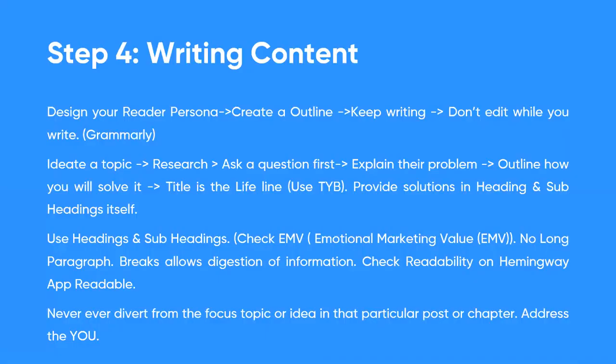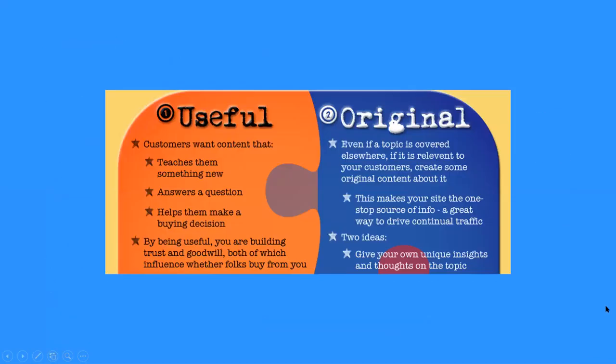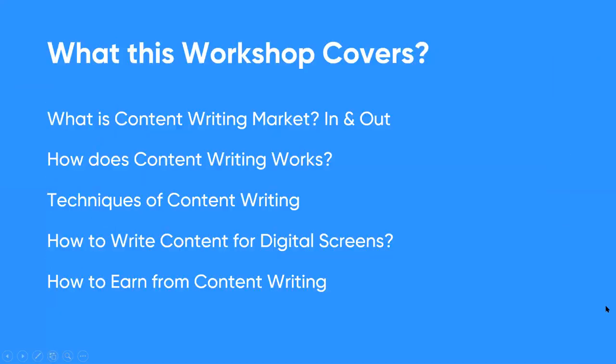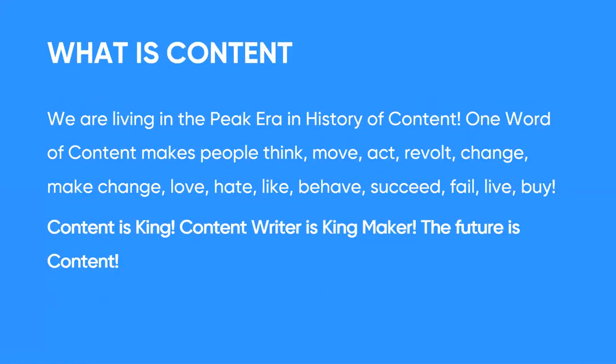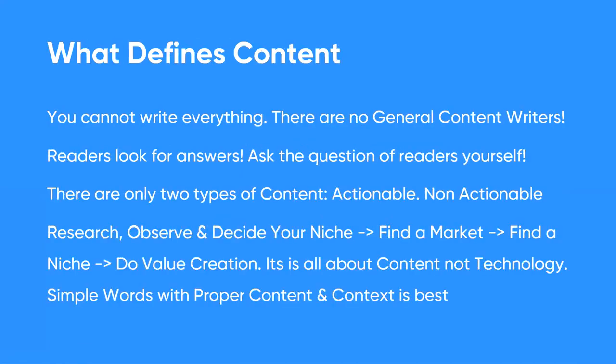Now we have seen a lot of things since we started the workshop. We have seen what content is, what the content writing market is as of now, how content makes people respond, what the types of content writers are, why you cannot be a general content writer, and what users look for when they are writing content.